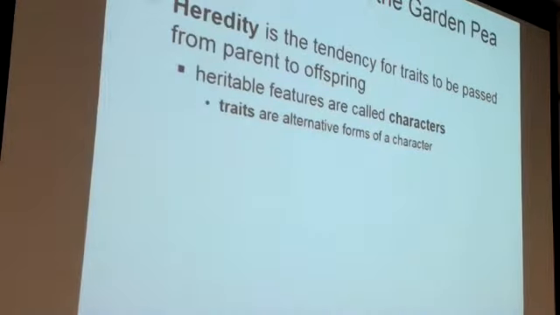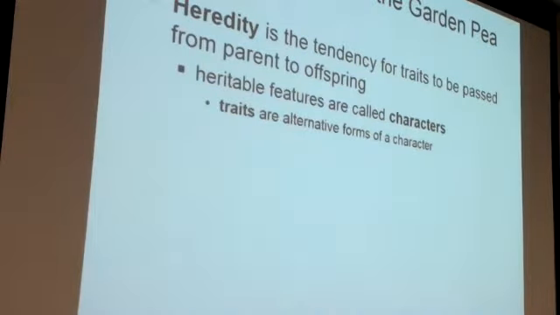So Mendel, in the 1800s, was seeking some sort of scientific basis for how traits are passed from parent to offspring. He was calling the features characters. For the pea plants he was working with, flower color would be a character. Plant height would be another character.